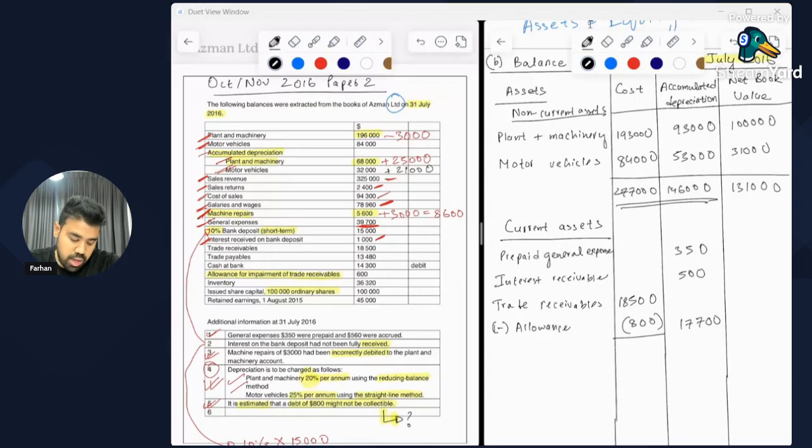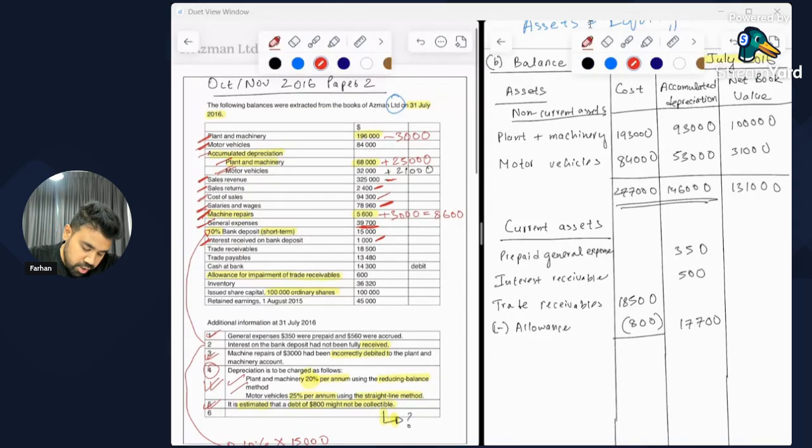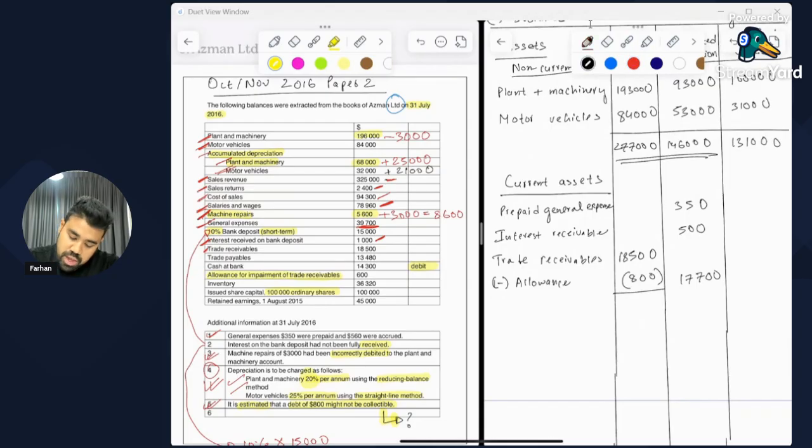Okay, then after the trade receivables are done, we have got the cash at bank, and always check if it's a debit or a credit. If it's a credit, it's an overdraft, which is a liability. But if it's a debit, it's obviously an asset. So cash at bank of 14,300.